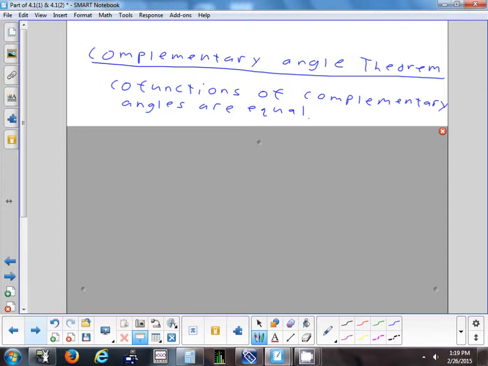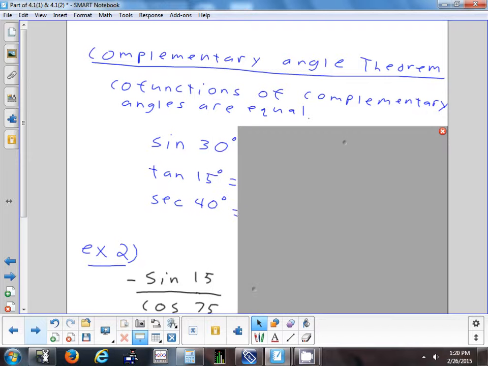Okay, so that leads us to the complementary angle theorem. It basically says what I just showed you. If you have cofunctions and you have angles that are complementary, they come out the same. Okay, they are equal. So let's try some with numbers.